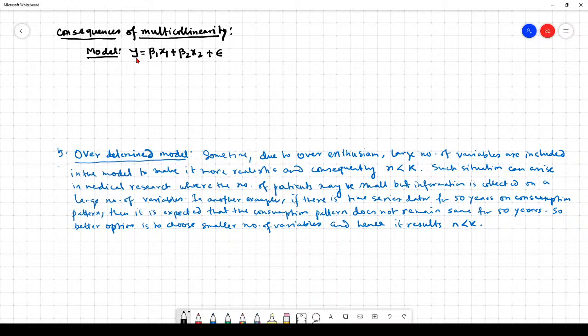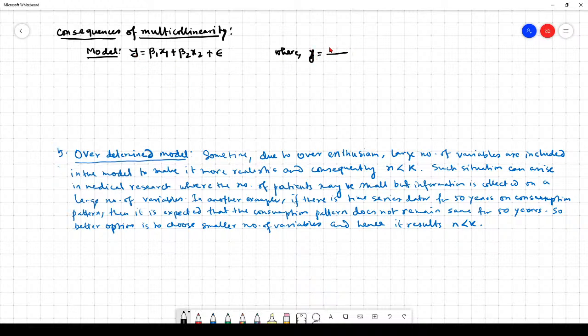And this y is the standardized form of the observation vector, that I denote by small y.